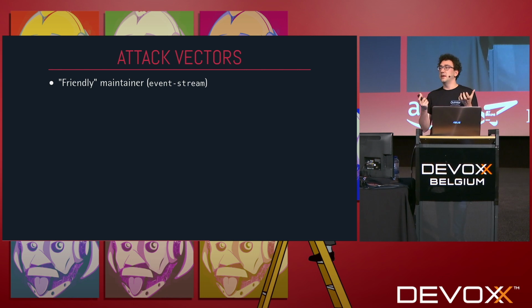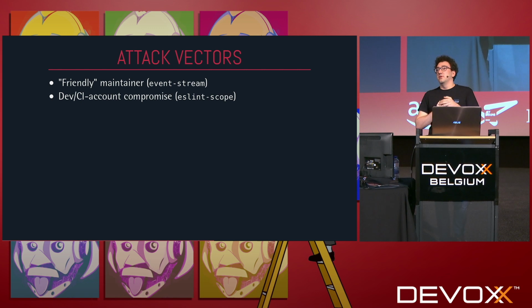We don't know how many Bitcoins Alex obtained, if any, but we know that they got really, really far. So in this attack, you simply show up as a friendly maintainer and you try to get publishing rights to a package that is already popular or at least used in a target that you're trying to inject code into.